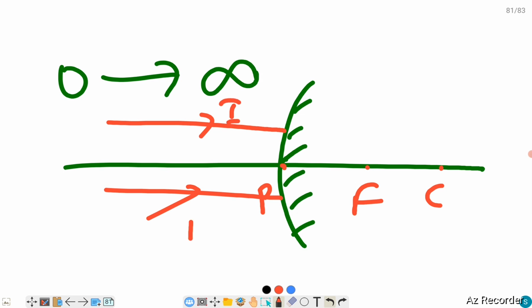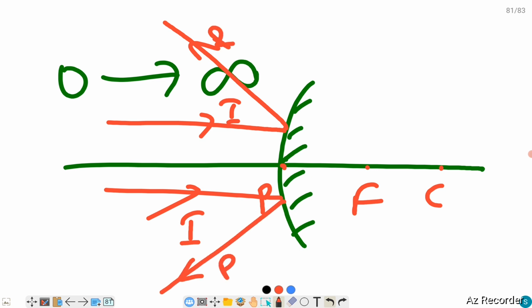Same, incident rays. Then now what we have to do? Normally toward the center, this I have already shown you, right? So you will have reflected rays like this. If you extend them behind the mirror, they meet at one point. This is the focus, so the image is forming at the focus.